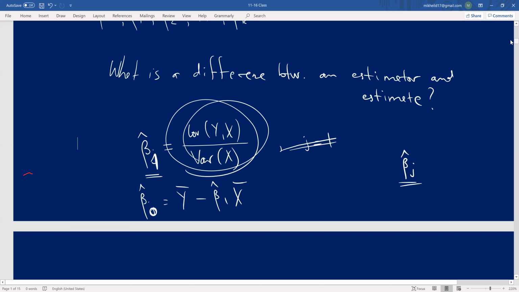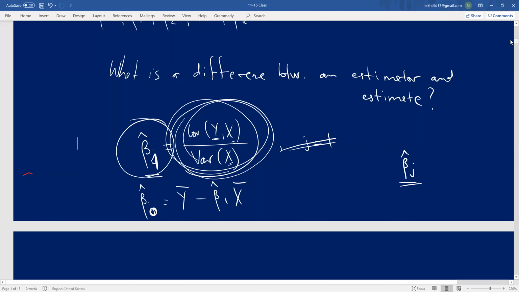So as one of you guys clearly noted, beta 1 hat is a function, right? Of what? Can you tell me? Y and x, right? Is there anything else in this expression? So beta hat 1 is a function, and that's why beta hat 1 is an estimator.